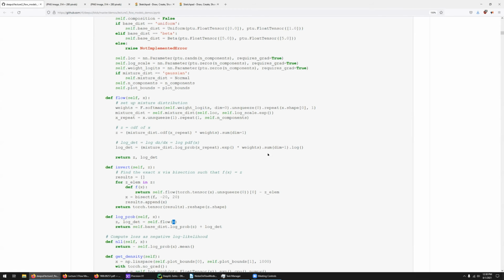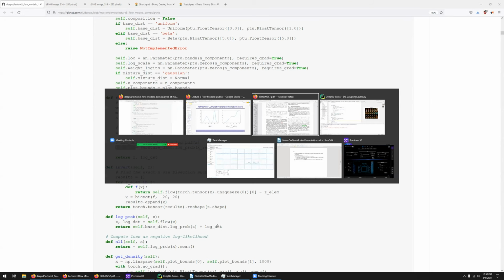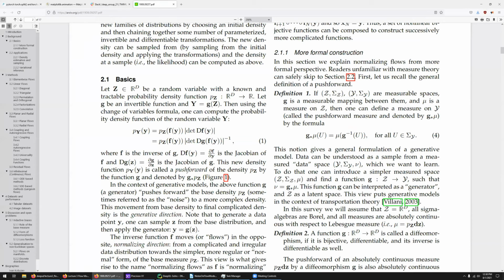I don't know if it's necessary, if you could just take the probability, or maybe this function isn't available, but you basically get the log determinant, and then you go back to this equation, right? So p_y is equal to p_z times the determinant, or one or the other, this one.